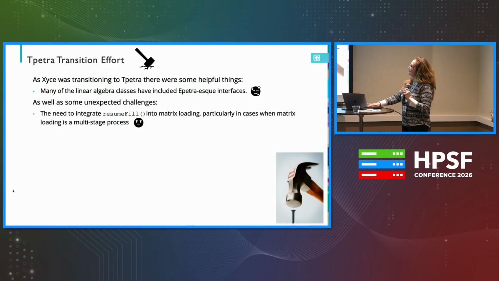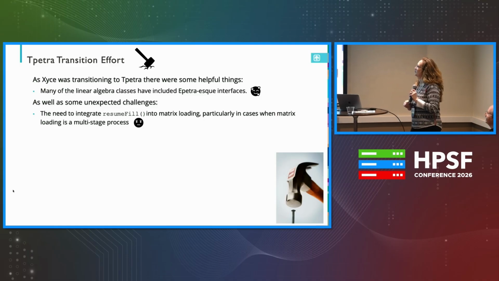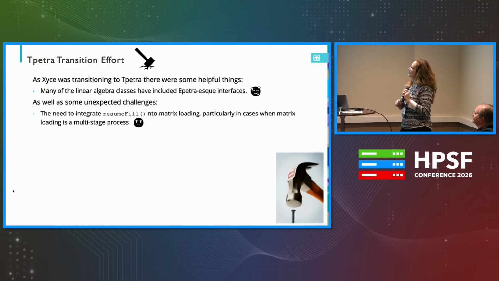Unexpected challenges. Oh, the resume fill. Xyce, at least at this point, is running on a serial Kokkos node. For various reasons that I think are evident from what I've already said, we are not going to GPUs anytime soon until several things are sorted out.